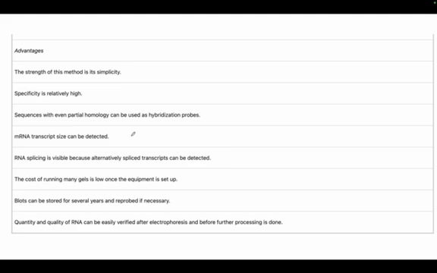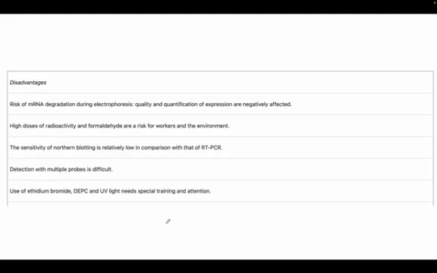If we're getting hits at different sizes for, say, a single probe, that could tell us that we might have alternately spliced mRNA molecules. We can store the blot for several years, and you can easily do quality checks within the process. Okay, so there are several advantages of the northern blot.